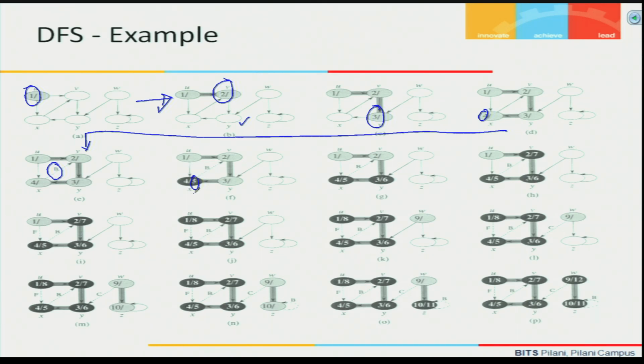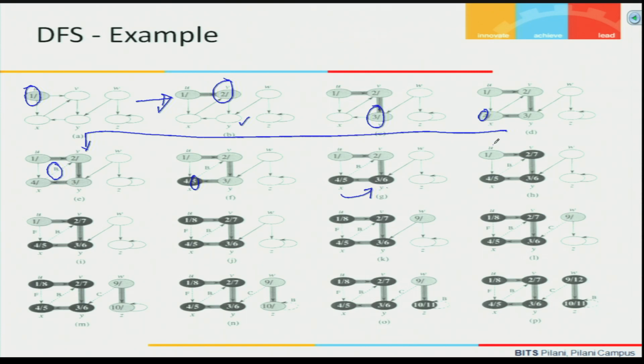So, we backtrack to a place from where this particular node was reached. From here your search backtracks to here and you observe now that from this also there are no more nodes to be explored. So, we mark it as black and update the final stamp and go back again; there is nothing more to explore.